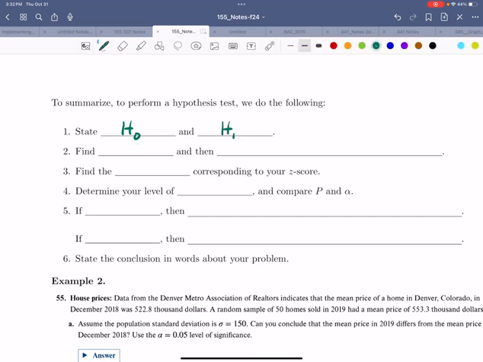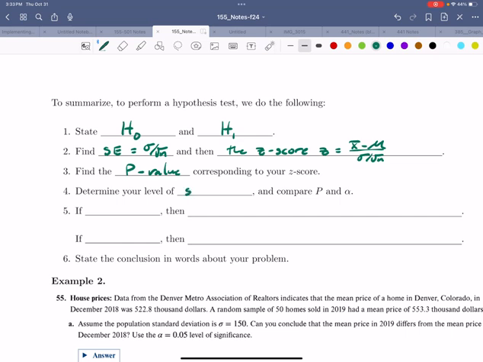You should find the standard error, which is sigma over root n, and then the z-score, z equals x bar minus mu all over standard error. Then you find the p-value corresponding to your z-score.